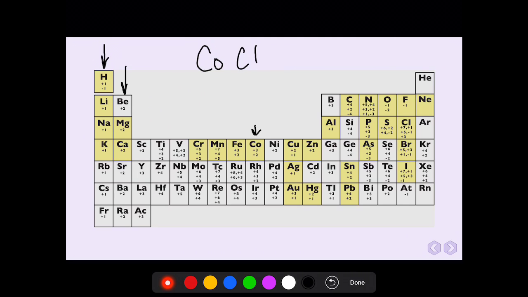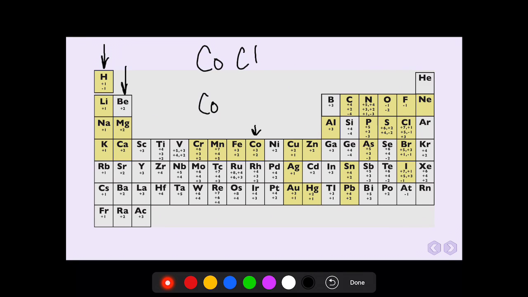Okay. Well, we have a couple of things we have to consider and be careful of. The easiest way to do this is to say, okay, cobalt can have, this is probably not the best example, but we'll go with it anyways, cobalt could be +3 or +2.